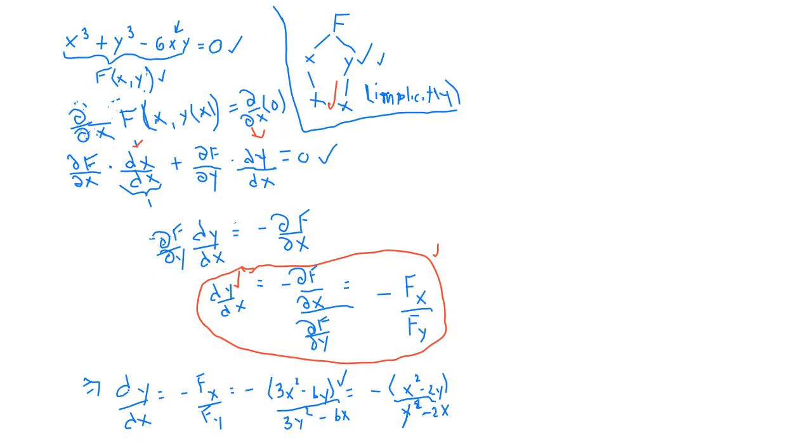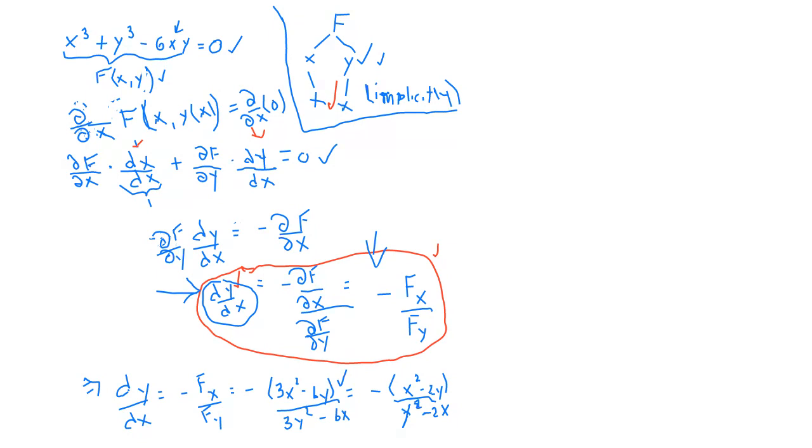But in section 11.3, you did implicit partial differentiation. This formula here is not for implicit partial differentiation. That's what I'm trying to say. Okay, these are the key ideas behind section 11.5.